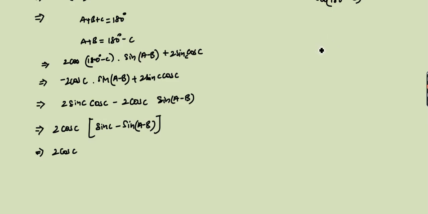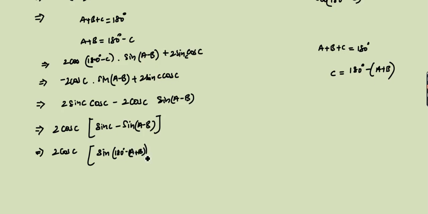So we know A plus B plus C is equal to 180 degrees, and C can be written as 180 minus of A plus B. So in place of C, we will write 180 minus of A plus B, minus sin of A minus B as it is.